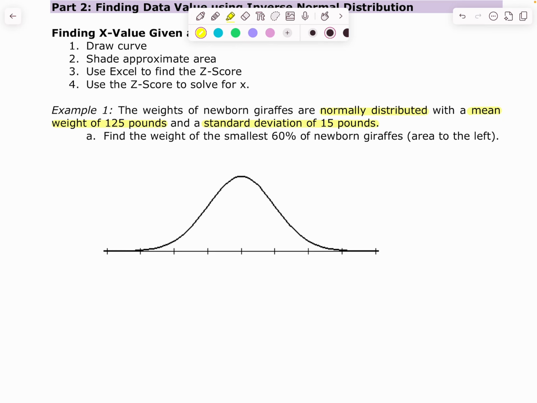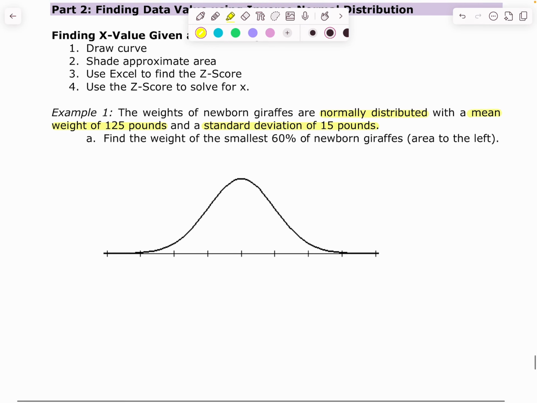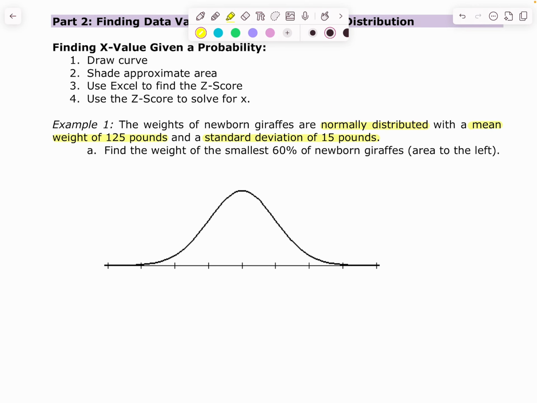So we need to know that it's normally distributed, otherwise we cannot do the 4 steps that I just went over, because these only work for things that are normally distributed. We need to know that mean weight of 125 pounds, and we need to know that the standard deviation is 15 pounds. So that's a good start.